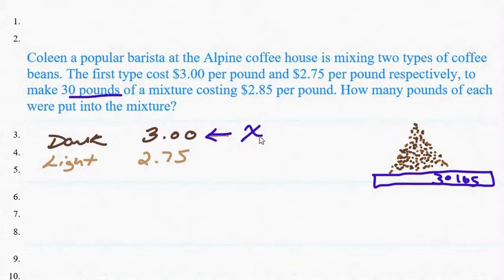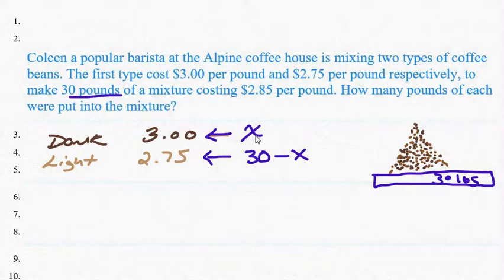However, the dark is going to weigh, well, we don't know yet. But the light is going to be 30 pounds, and we're going to subtract off x. This will give us the number of light roasted beans.